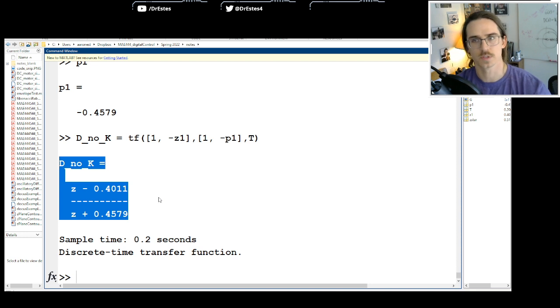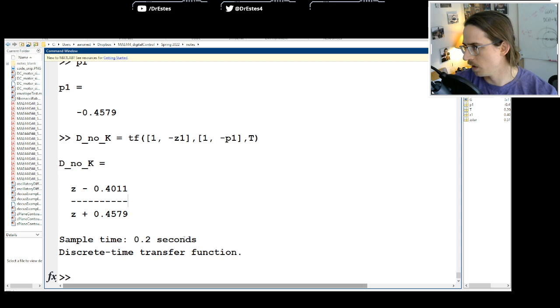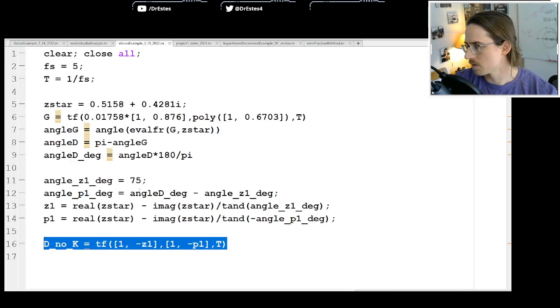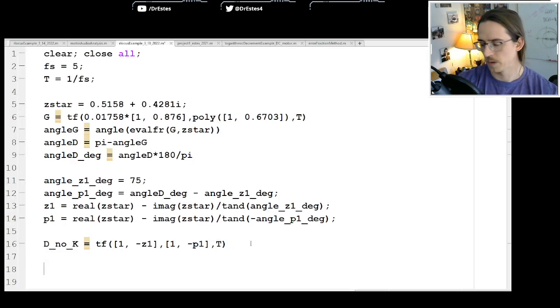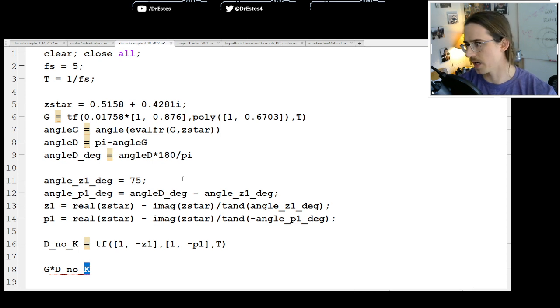Okay, so I want to quickly verify the angle criterion. We take G, which we defined up above, and multiply it with D, and it doesn't matter that we don't have the K yet, because the K doesn't contribute to the angle anyway. We have to evaluate this, so we use evalfr. We evaluate it at Z star, and then we take the angle of it.